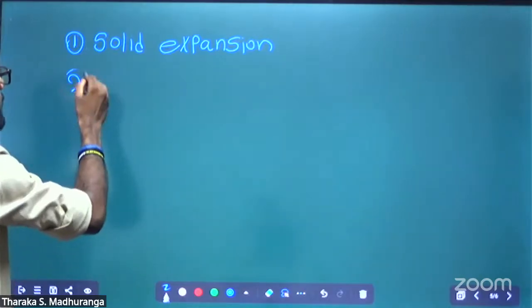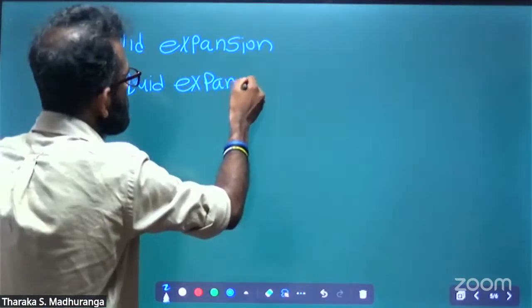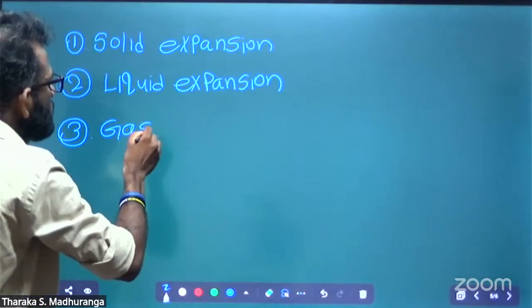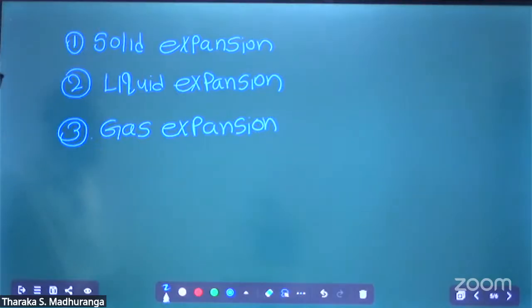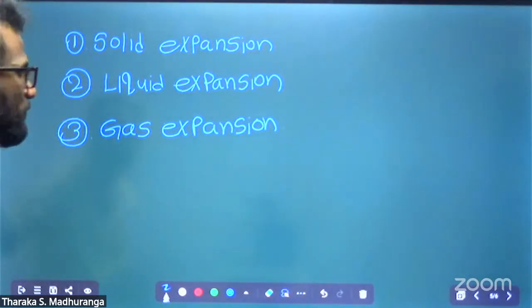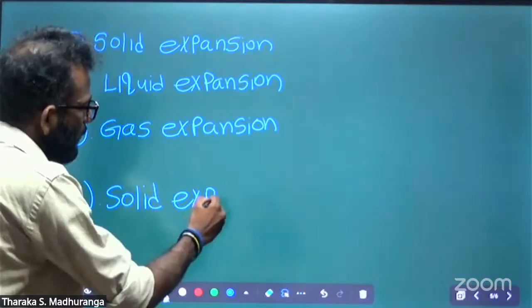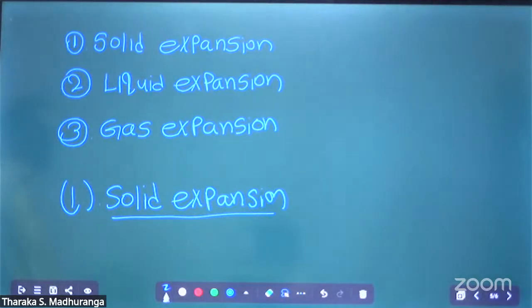The second one, liquid expansion. The third one, gas expansion. And write down the first subtopic again, solid expansion.